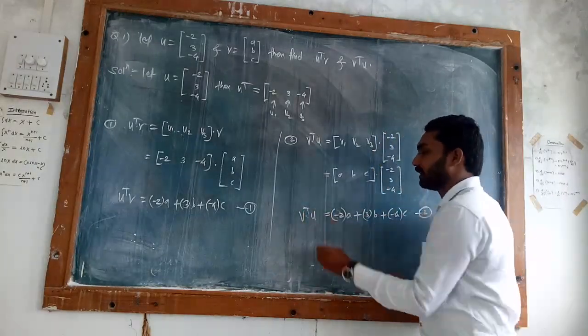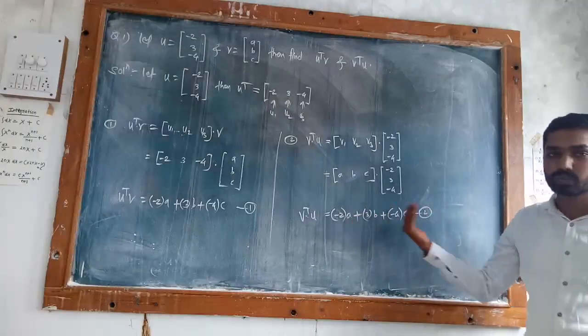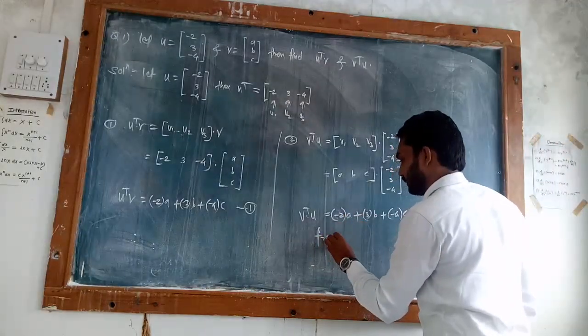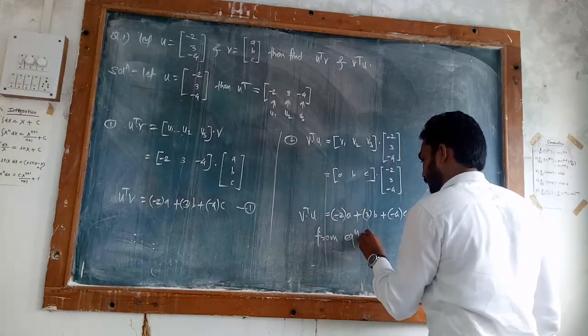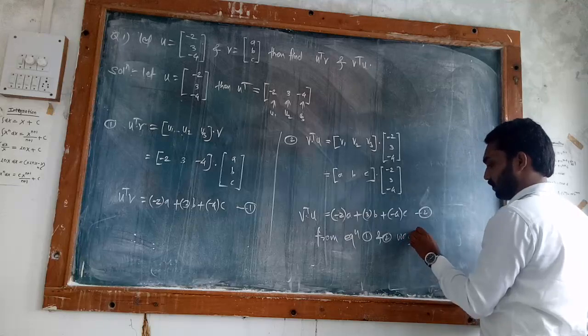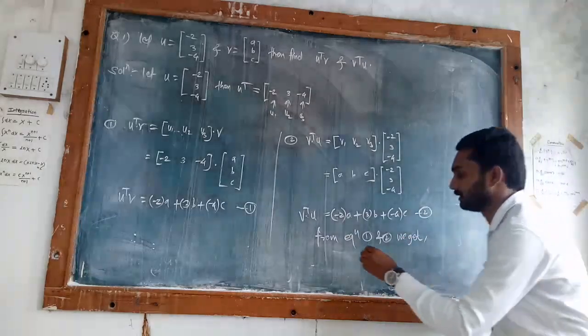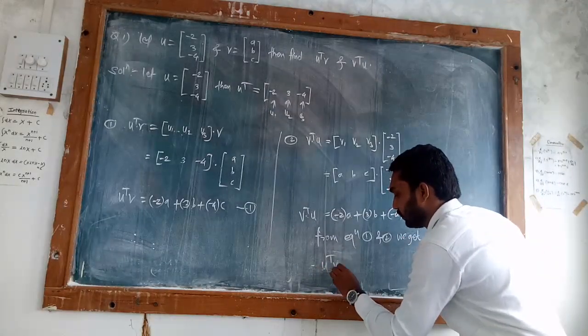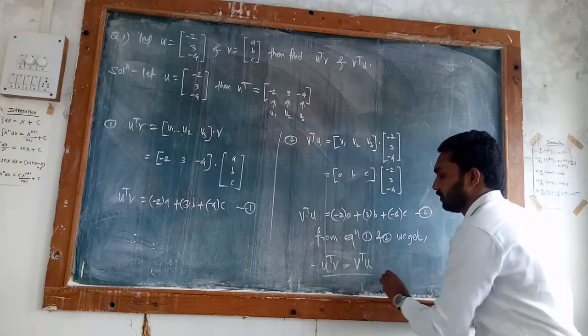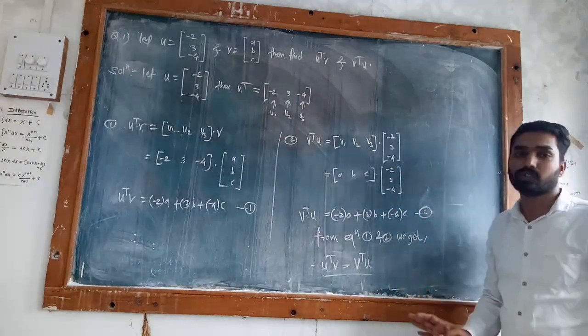Now from equation 1 and 2, what will you get? Both right-hand sides are equal. Yes. From equations 1 and 2 we get u transpose v equals v transpose u. This is your conclusion.